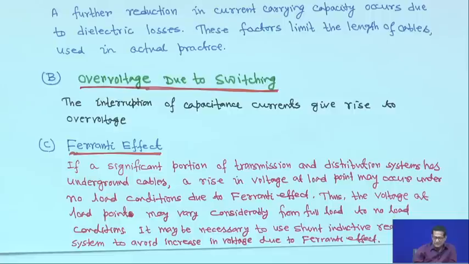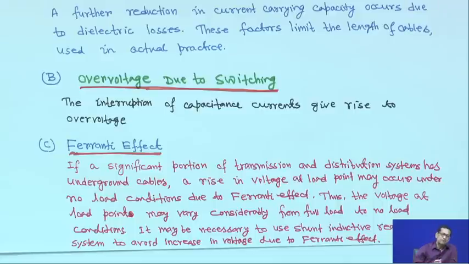In this case it may be necessary to use shunt inductive reactors in the system to avoid the increase in voltage due to the Ferranti effect. If the voltage rise is within the permissible limit, say 1.05 per unit, there is no question of putting shunt inductive reactors.